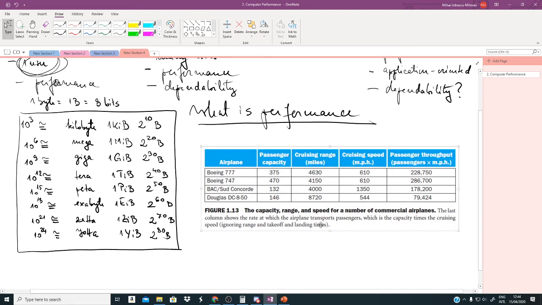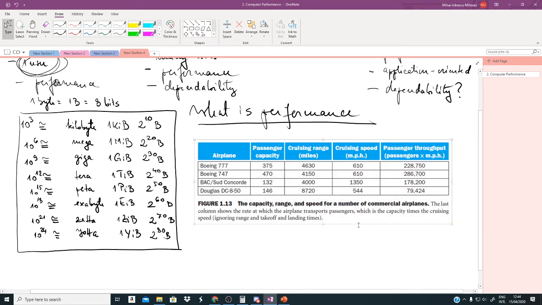Okay, so what is performance? That's the question, like Hamlet's question. What is performance? Well, let's see about the criteria. So first, when we are talking about passenger capacity, which is the best one?